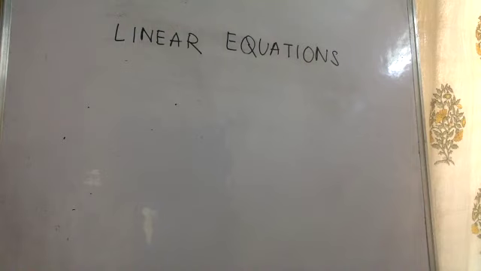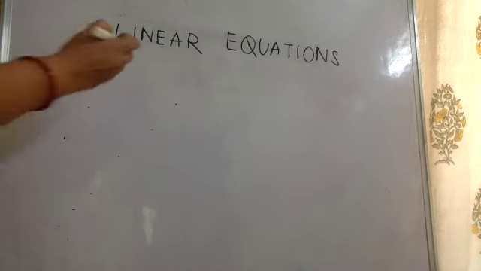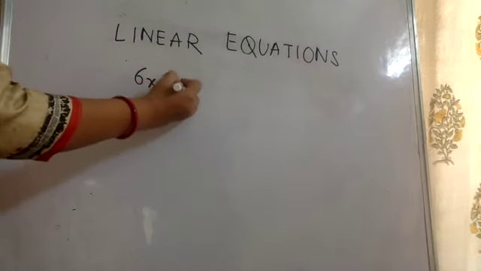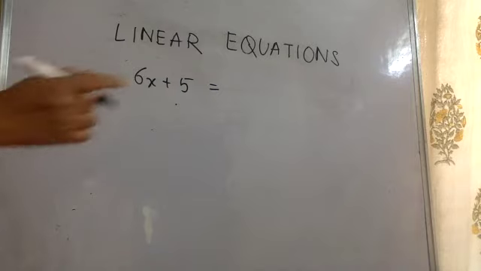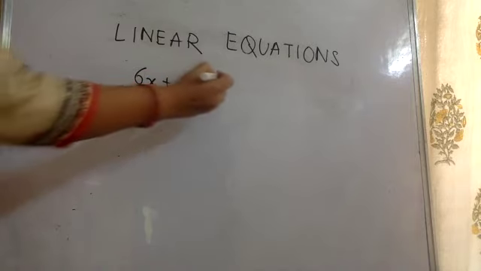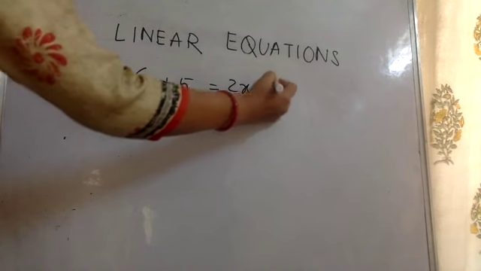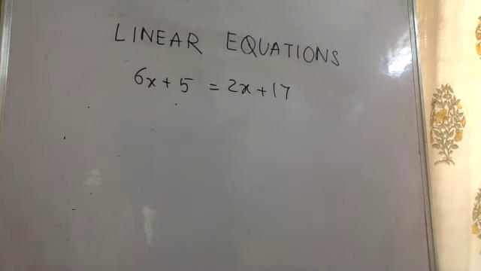Let us see the first one. 6x plus 5 is equal to 2x plus 17. Now what do we do here?